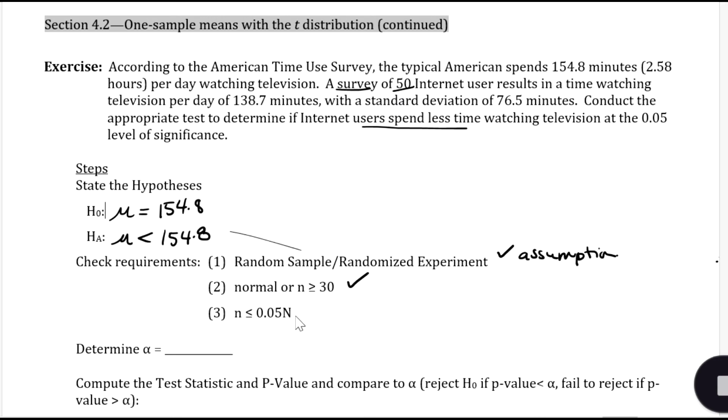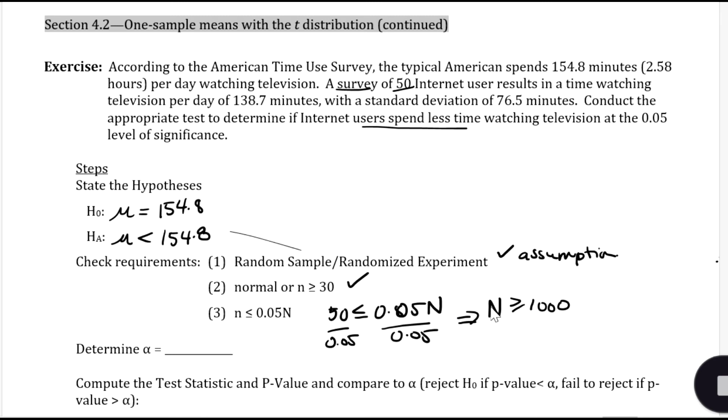Next, we check the requirement that my sample size, which is 50, is less than or equal to 5% of my population size. So we divide this by 0.05 and solve the inequality for big N. Big N is going to be greater than or equal to 1,000.